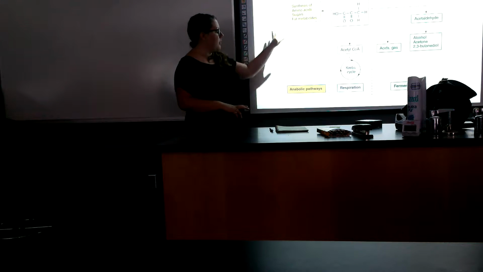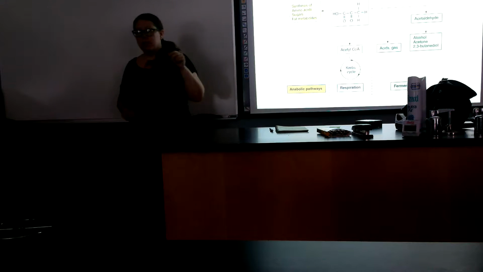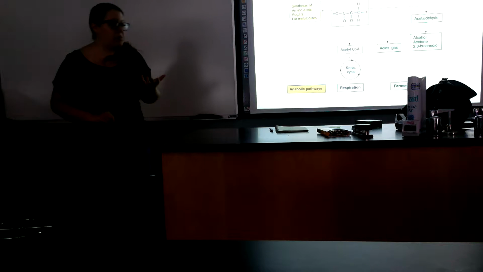Okay, so now we come back to pyruvate, which is the product of glycolysis. We talked about one fate of pyruvate being aerobic respiration, anaerobic respiration. We're not going to talk about anabolic pathways. And then finally, my favorite, fermentation.